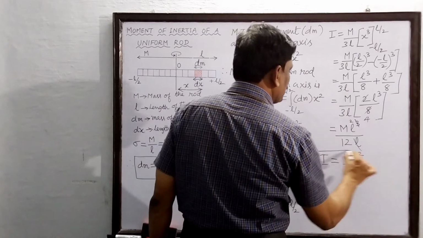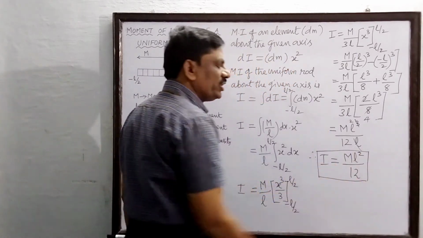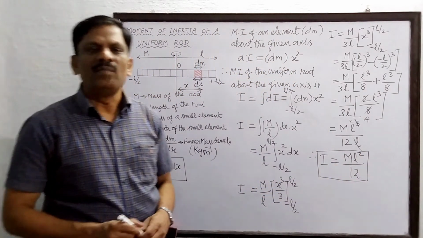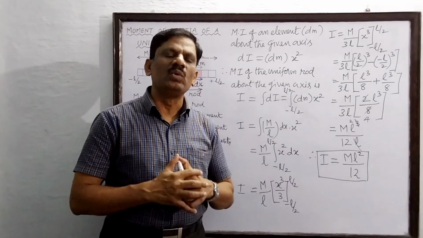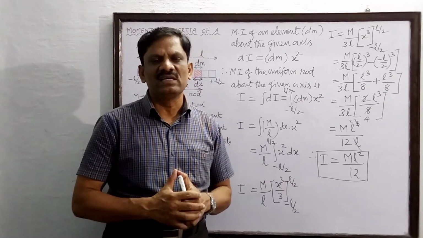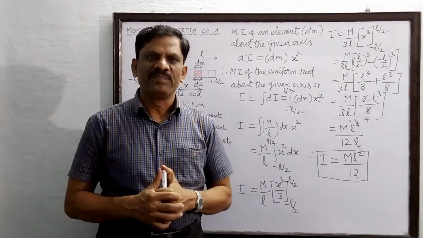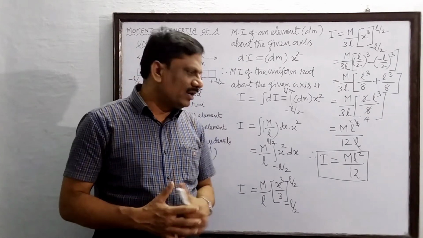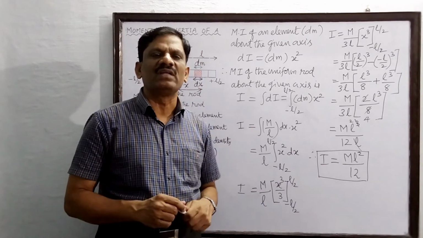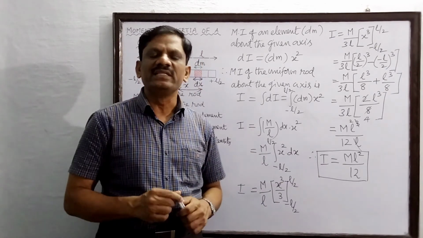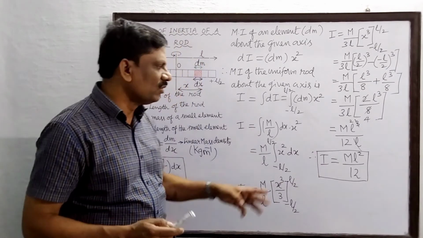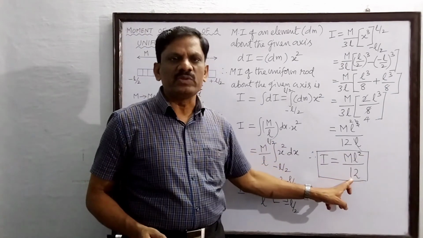So this is the expression for the moment of inertia of the uniform rod about an axis passing through its center of mass. The center of the rod O is nothing but its center of mass. So my dear students, we have got an expression for the moment of inertia of the rod about the axis passing through its center. I is equal to ML square by 12.